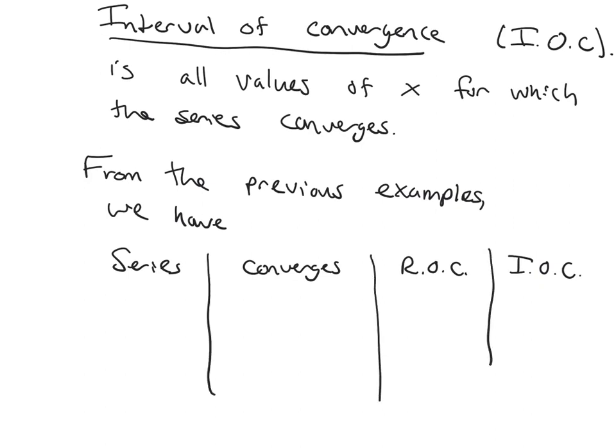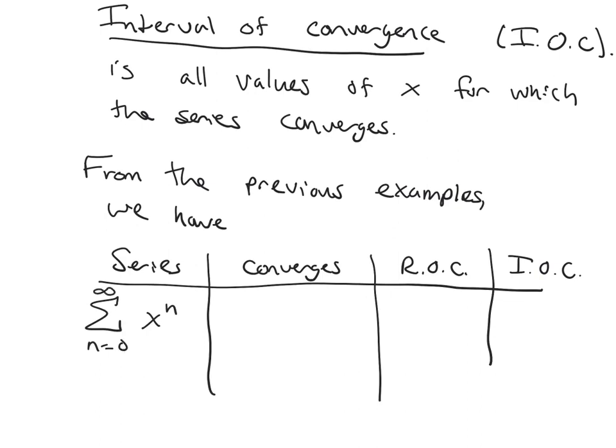So the first series we looked at last time was x to the n. We said that converges if x is between -1 and 1. What's our radius of convergence here? 1. The center of my interval is 0, so I go up 1 and down 1. So that's my radius of convergence. My interval of convergence, -1 to 1.